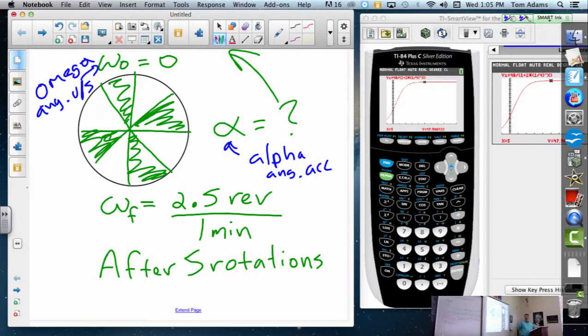Then we draw the picture, label what we know, label what we don't know, and then what's next after that? Equation. We got to find an equation.